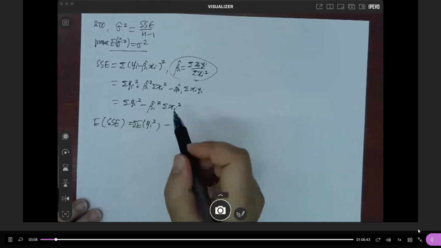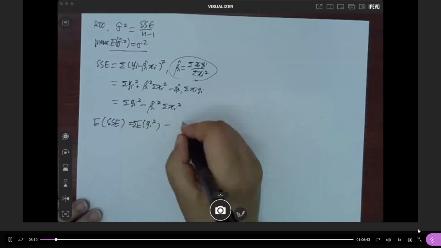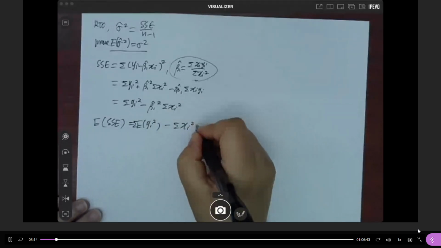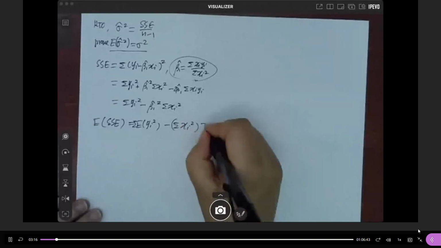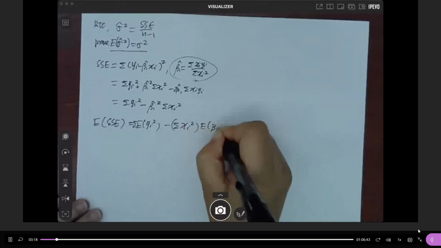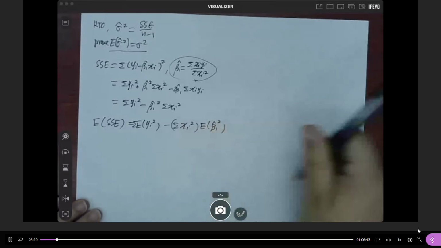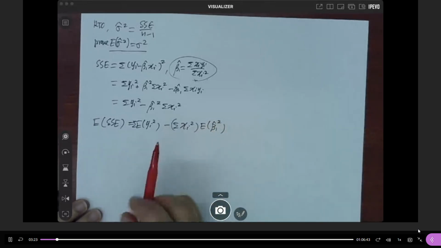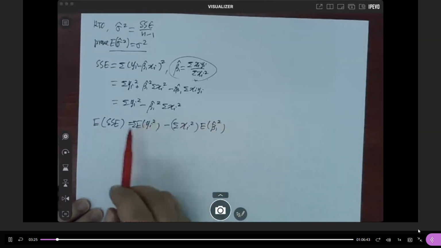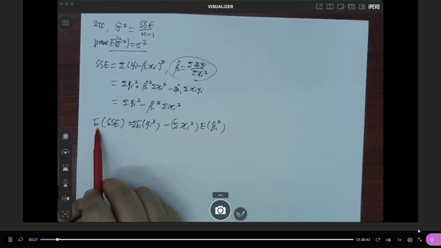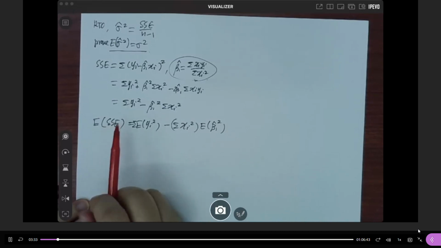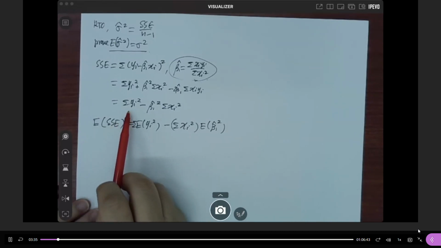But you could take out the summation of xi squared multiplied by E of beta 1 hat squared. Here you need to be clear which one is the random variable and which one is considered constant. When you apply expectation, this is with respect to the distribution of epsilon. The randomness comes from epsilon, which makes y a random variable, but x is considered a given constant.